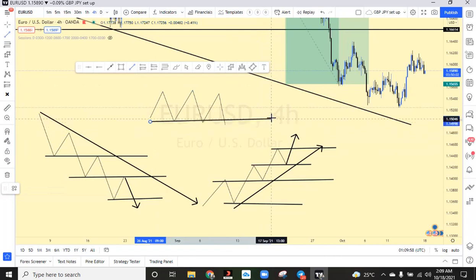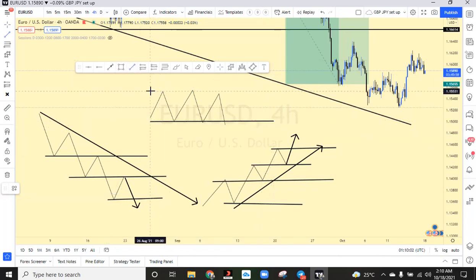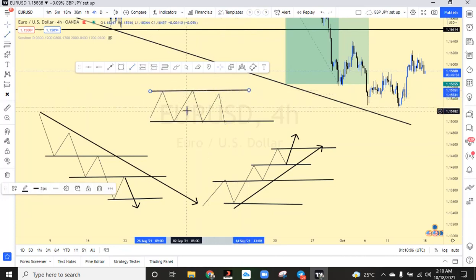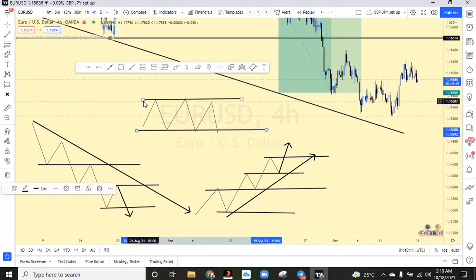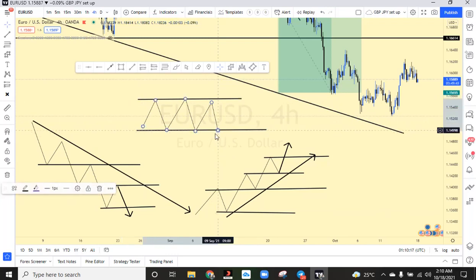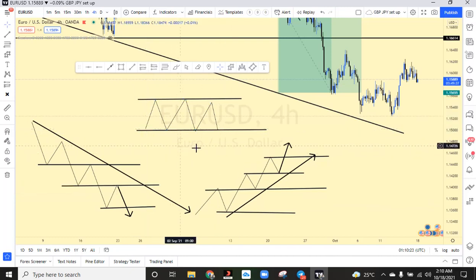That's what we call a ranging market, when price has no positive or negative direction. It just keeps moving up and down. We also call that consolidation. In case you hear people tell you, hey, price is consolidating at the moment, it simply means that price is actually ranging. There's no direction for the moment.